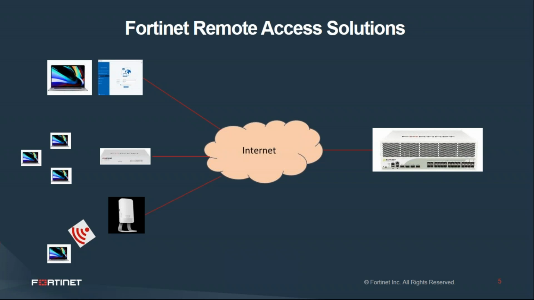But then we also have a lesser known solution for the remote worker called the remote access point. With the remote access point, a FortiAccess point managed by a FortiGate can operate as an inexpensive VPN device that would allow devices behind it, both wirelessly connected to it, since it's an access point, or wired into it, to create a secure VPN connection back to a centralized FortiGate.